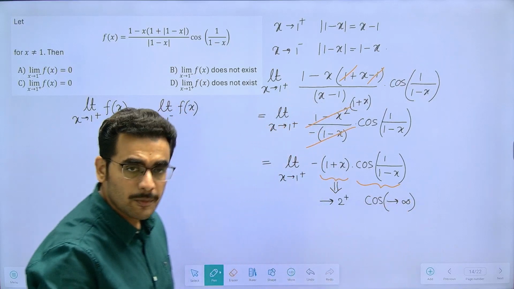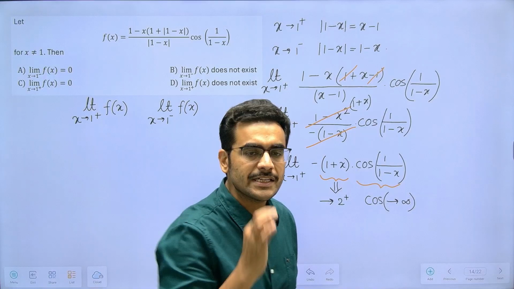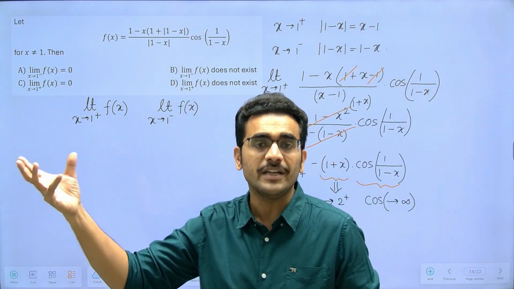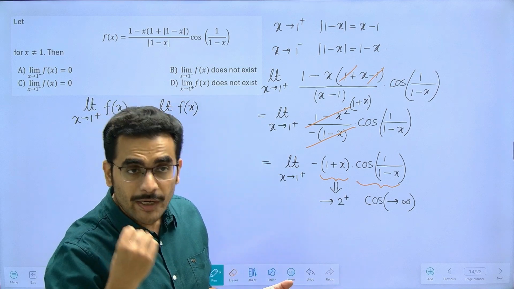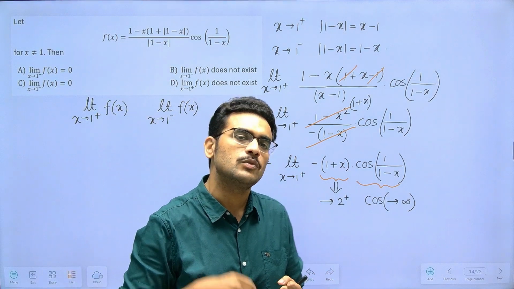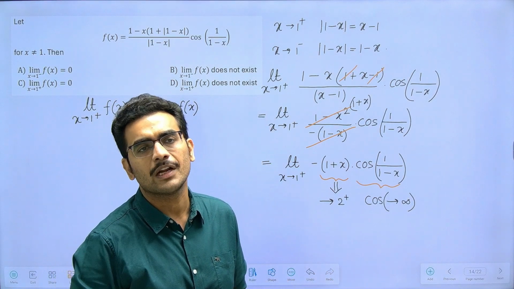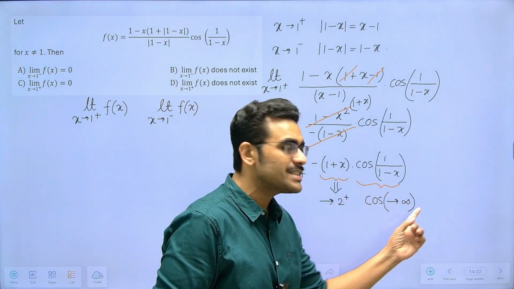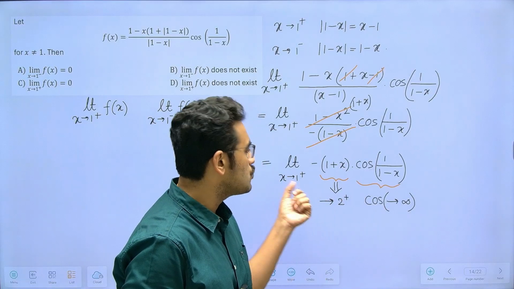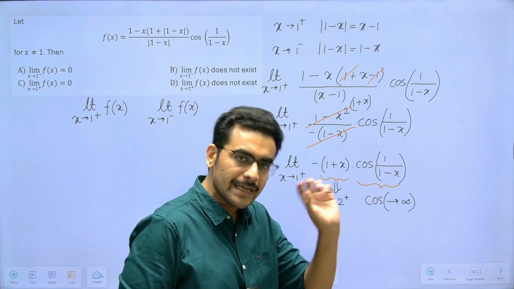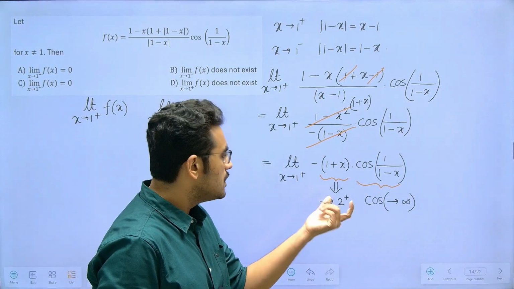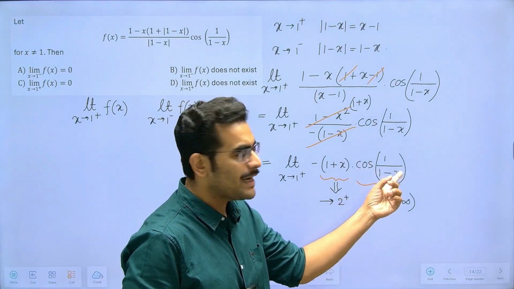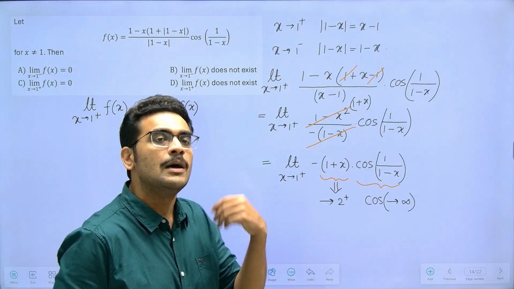And since cos is a periodic function which oscillates between minus 1 and 1 continuously, at infinity we cannot say what is going to be the tendency of the function because it will continue to oscillate between minus 1 and 1 without any ending. So, cosine of an angle which is tending to infinity, because x tends to 1 plus means 1 minus x is tending to 0 minus, so 1 by 1 minus x is tending to minus infinity.